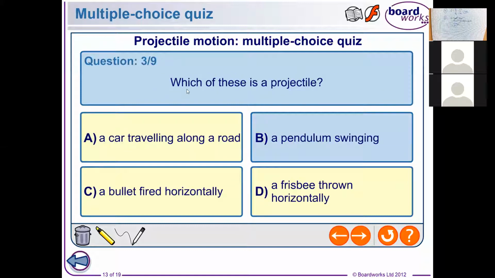Okay, Sheila, which of these would you describe as being a projectile?